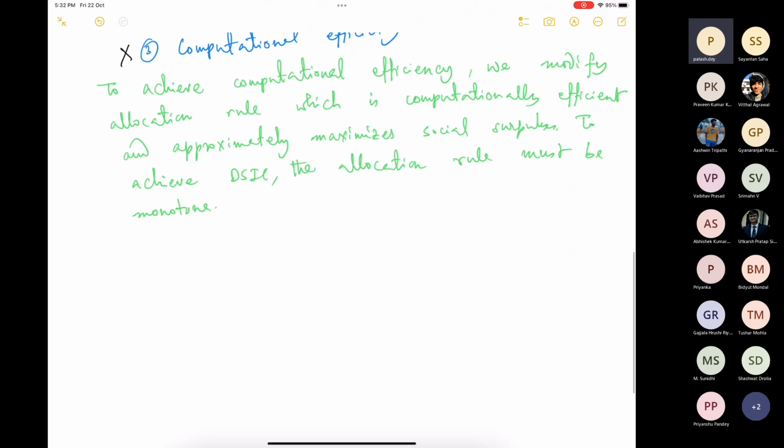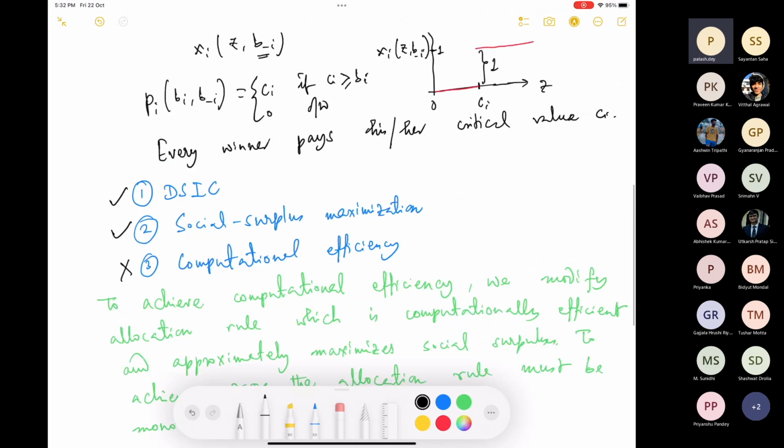Okay, so let's see. Now we design a greedy algorithm for this problem, and by the way, this problem is called the knapsack problem.